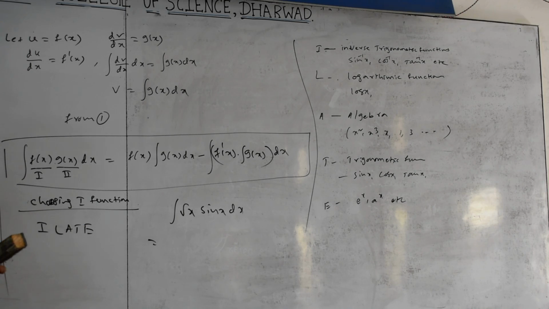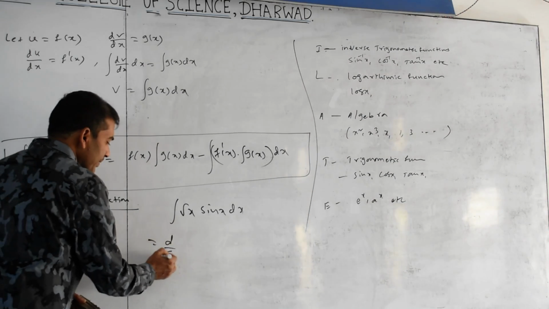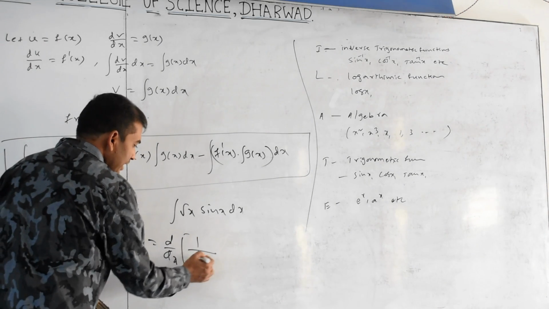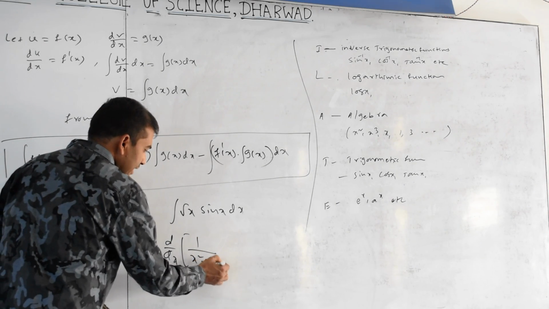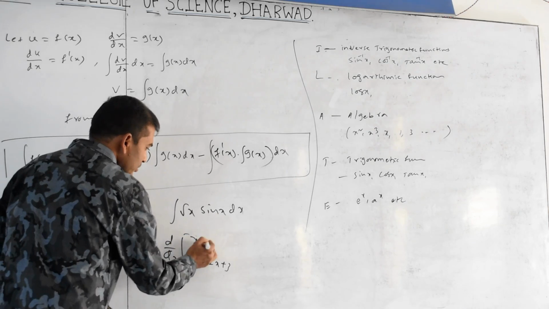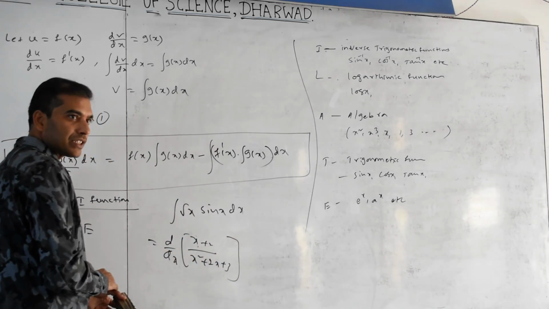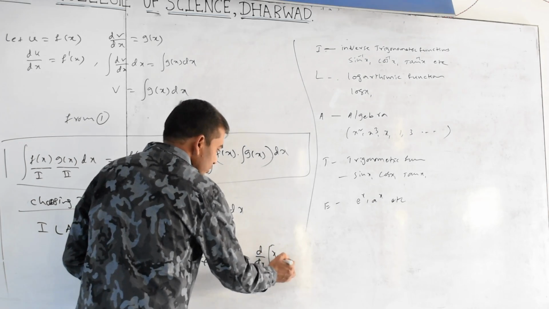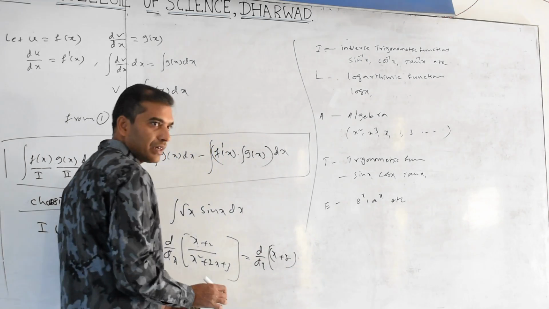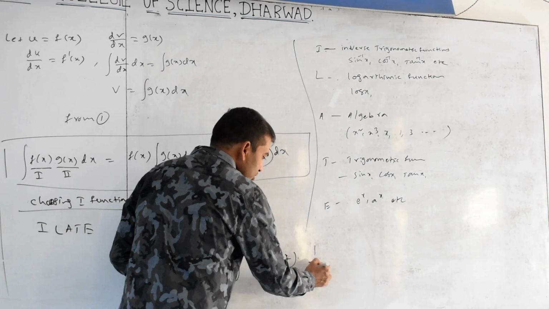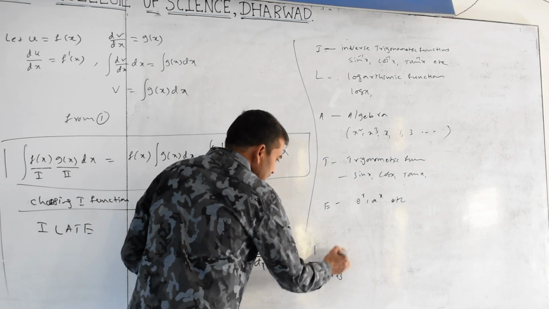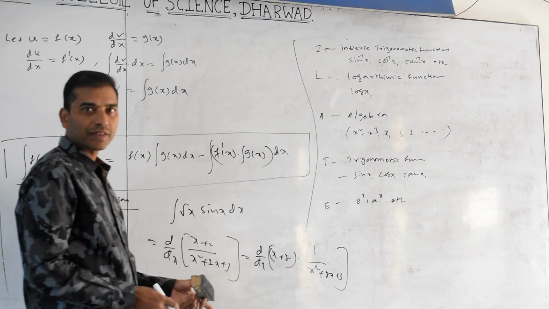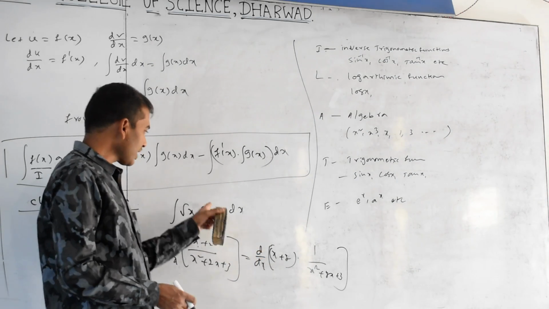Are you following? If it is d by dx of (x plus 2) by (x square plus 2x plus 3) in differentiation, we can make the product like this: d by dx of x plus 2 is one function, and 1 by x square plus 2x plus 3 is the second function. But this is not applicable here.